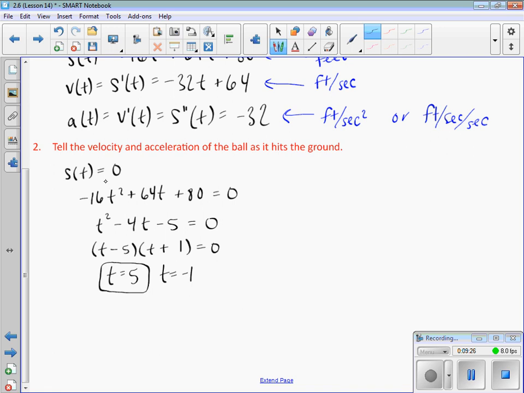And what are we supposed to do with that? Velocity and acceleration. So now you use your velocity function, and we're going to plug 5 in. And then use your acceleration function and plug 5 in.